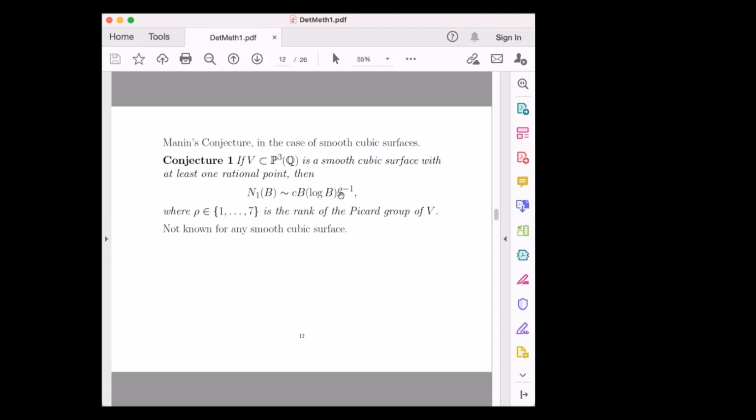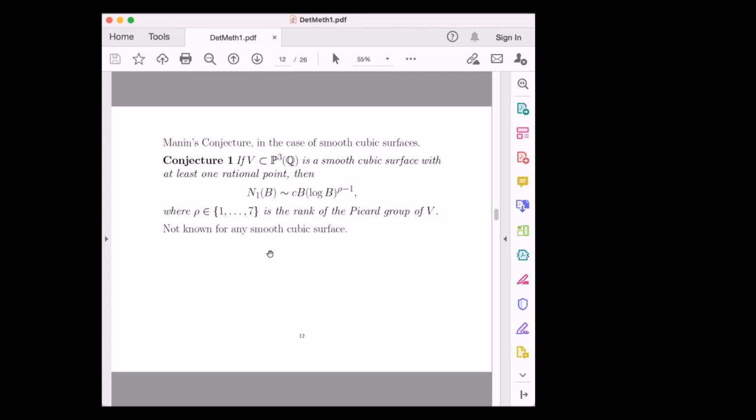And the power conjectured by Manin is rho minus 1, where rho is an integer between 1 and 7, and it's the rank of the Picard group of V. So here we have b to the first power, that's n minus d in this case. n is 4 variables, degree 3, but with some extra logarithms.